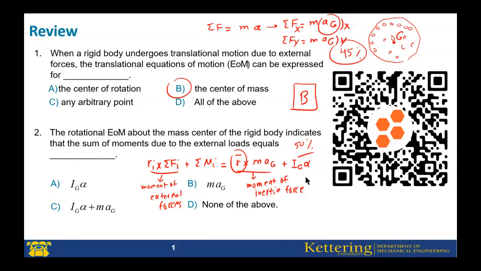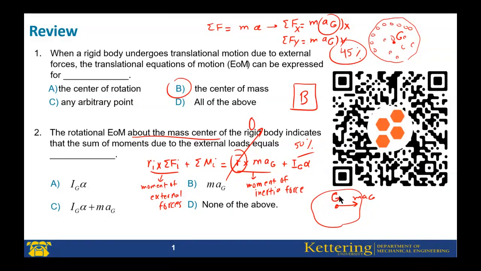Now for this problem, the rotation about the mass center. If it's about the mass center, this term is 0, because there is no distance. If this is the moment M_AG, we want to find the moment about G. The distance for this one is 0.